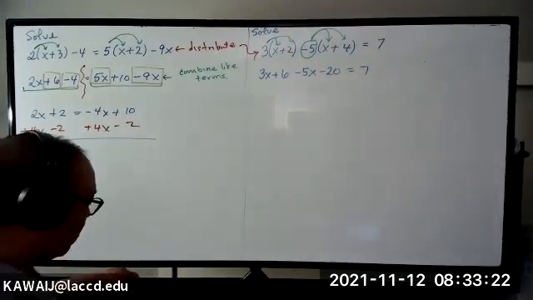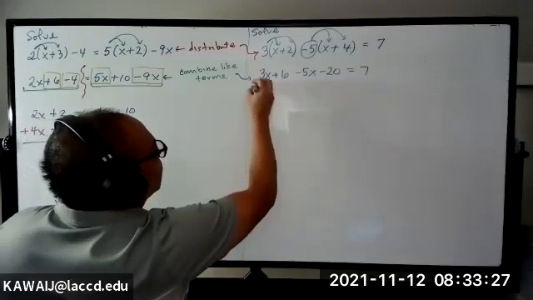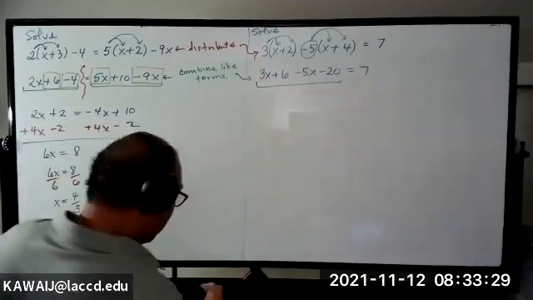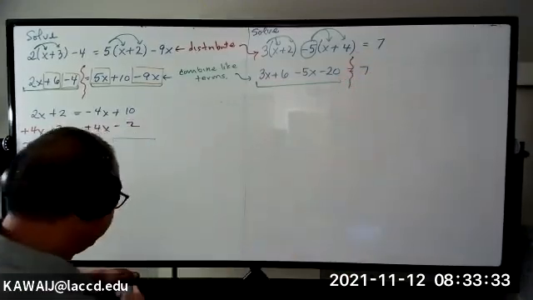Now, combine like terms. Remember that when you combine like terms, we are not combining across an equals line. There's a big wall over there.